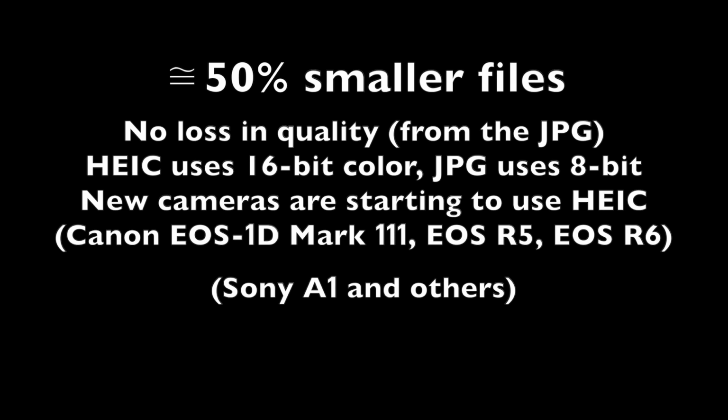Additionally, the new cameras are starting to swing over to HEIC, so I've exported all of my photos from my Lightroom library and turned them into HEIC files. Now, is HEIC as good as a RAW file? Absolutely not, but it's surprisingly close.